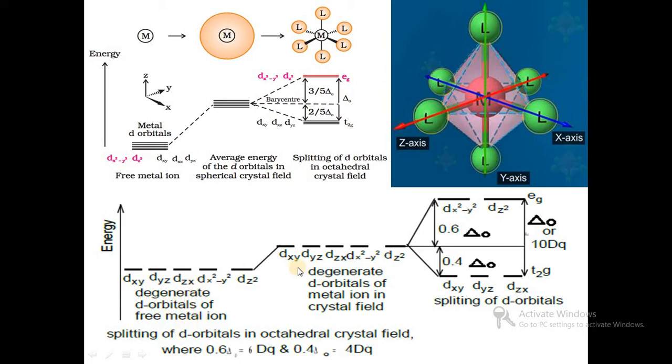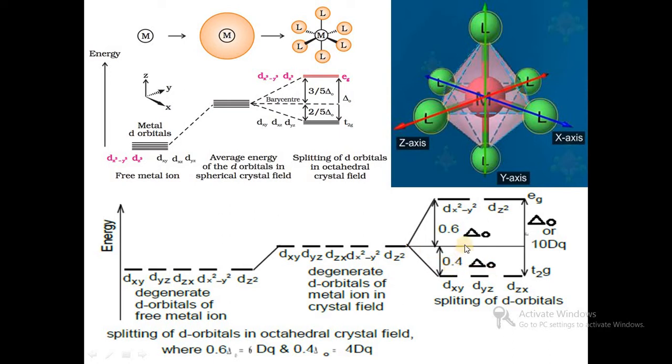In the third diagram, we start with the degenerate d orbitals of the free metal ion. When ligands interact with the metal, the degenerate d orbitals of the metal ion in the crystal field have increased energy, and these 5 d orbitals, after strong interaction with the ligands, are split in two ways. The t2g orbitals, dxy, dyz and dzx, have lower energy and are stabilized by 0.4 delta O, where delta O means delta octahedral.